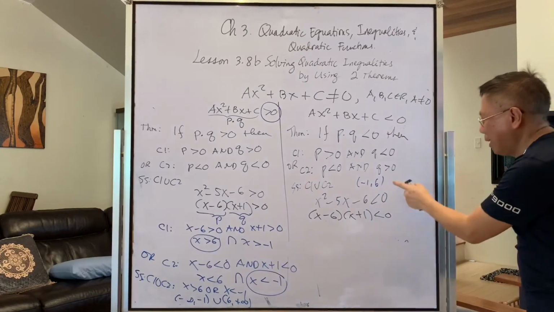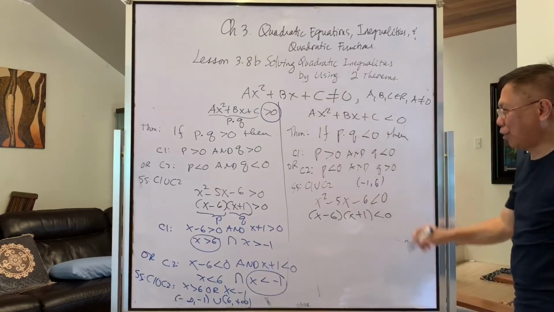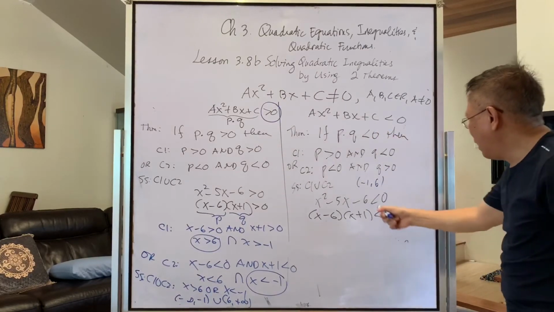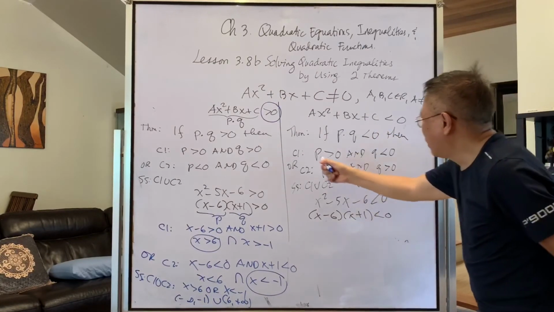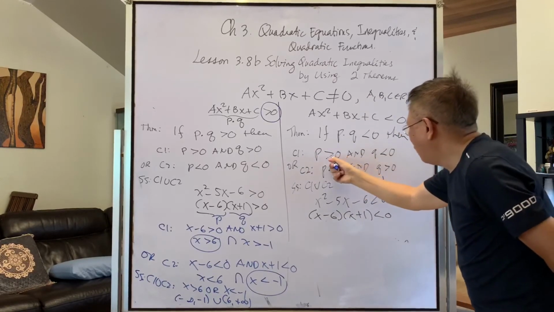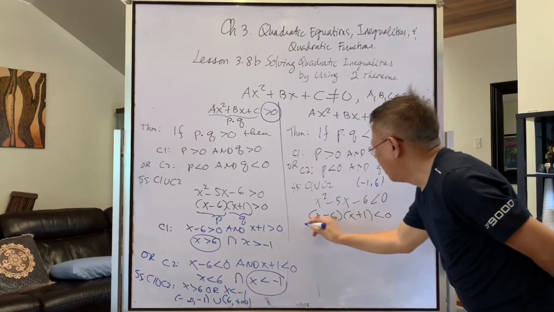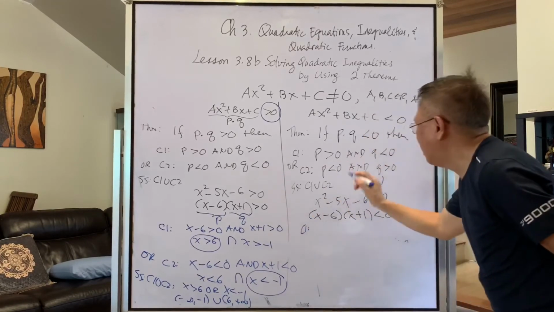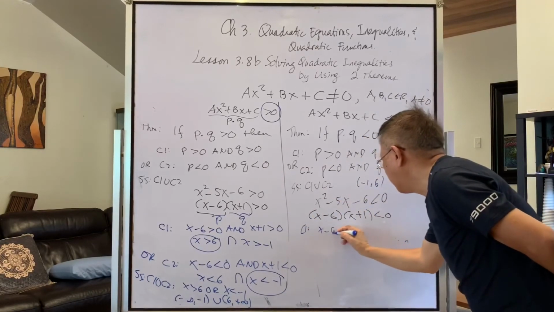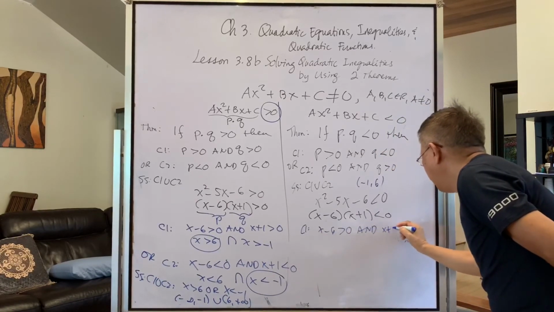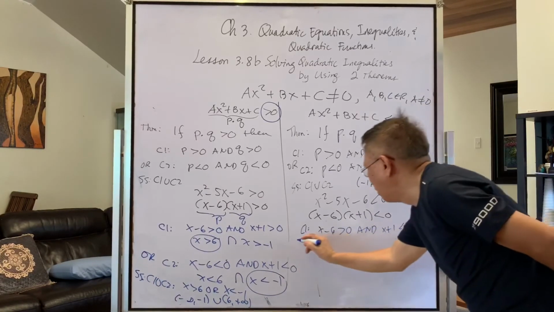Let's find out whether we can get this solution. Okay, applying this theorem, we are solving a less than inequality, so the two cases should be one factor greater than 0 and the other factor less than 0. So, writing case 1 here, what do I get? x minus 6 greater than 0 and x plus 1 less than 0.